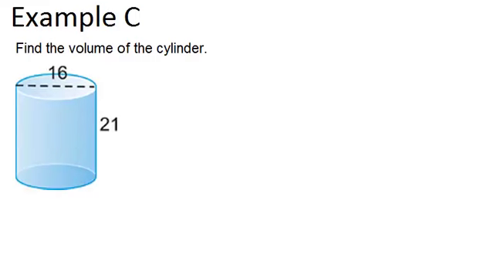All right, let's look at example C. Find the volume of the cylinder. So for volume of a cylinder, we need the area of the base, which is pi r squared, times the height. In this case, we know that the height is 21, the diameter is 16, which means that the radius must be half of that, or 8. So this is our r. The radius is 8.